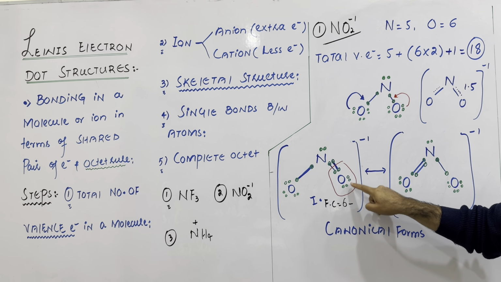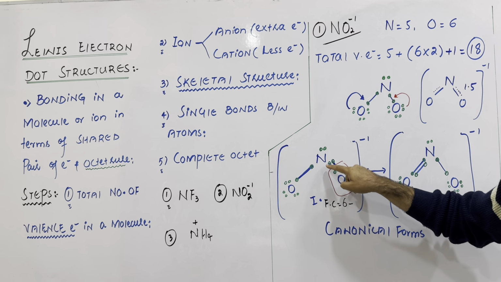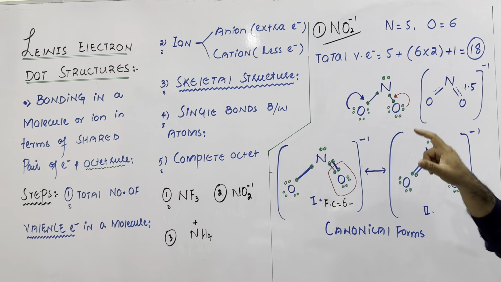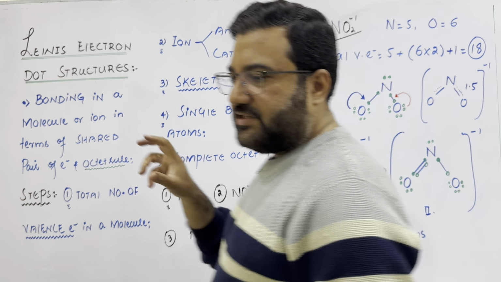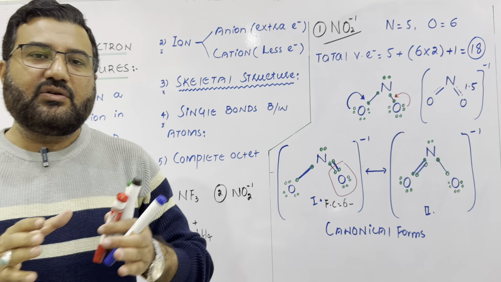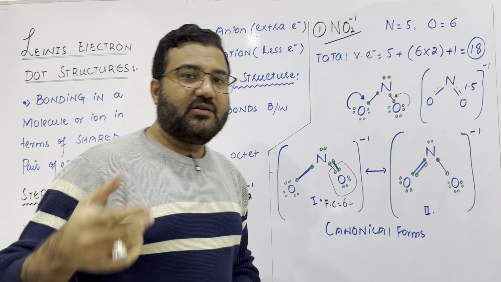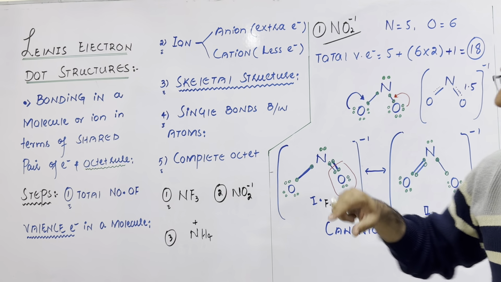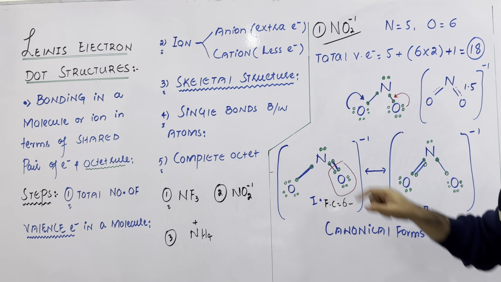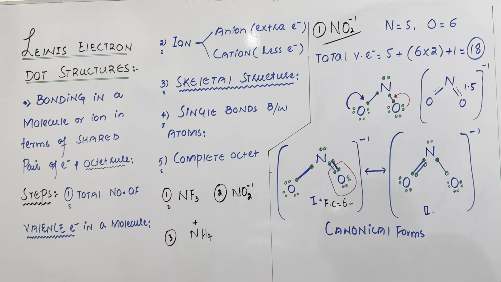It has 1, 2, 3, 4, 5, 6. These two electrons are shared by nitrogen. While calculating the formal charge, you will consider only those electrons of an atom that belong to that atom. Those electrons which are shared by some other atom will not be included while calculating the formal charge.